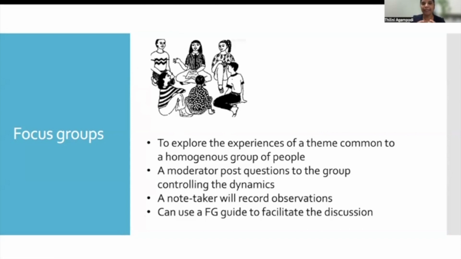So the moderator is the trained researcher on asking questions, knowing about the topic, and he or she poses questions to the group, and he or she controls the group dynamics, right? So you have to see whether everyone is expressing their opinion. Everyone is talking.